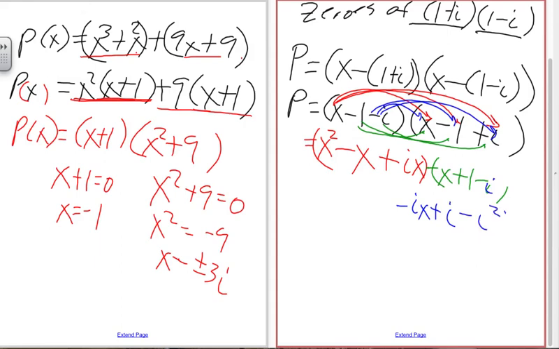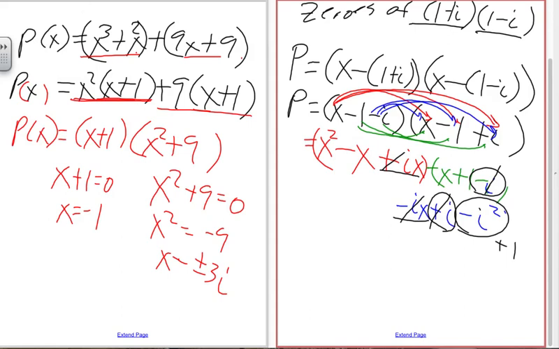Alright, so what I'm going to do now is start looking for terms which cancel out. You notice I've got a plus ix and a minus ix. I'm specifically looking for those because since this says real valued, all my i's should go away, and those do go away. And then up here, I've got a minus i here and a plus i here. So those go away. And it should recognize i squared as being minus 1. So this thing right here changes into a plus 1.